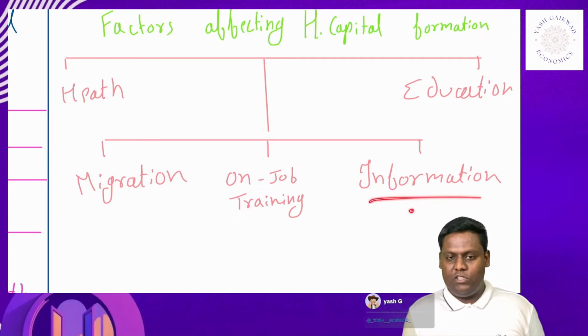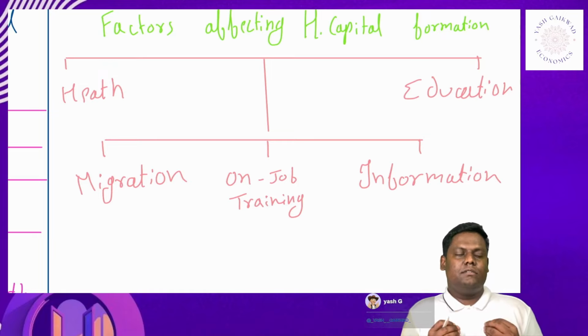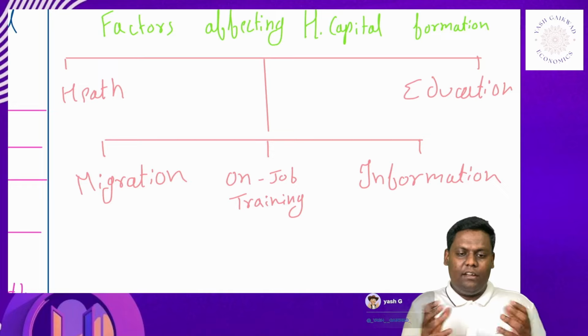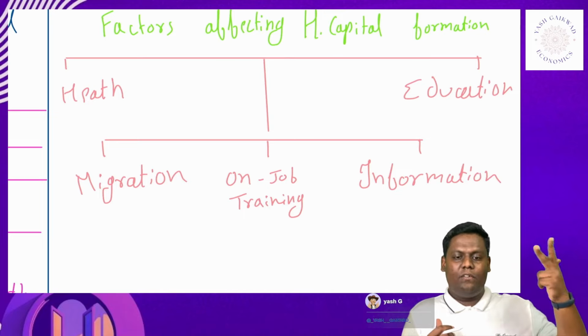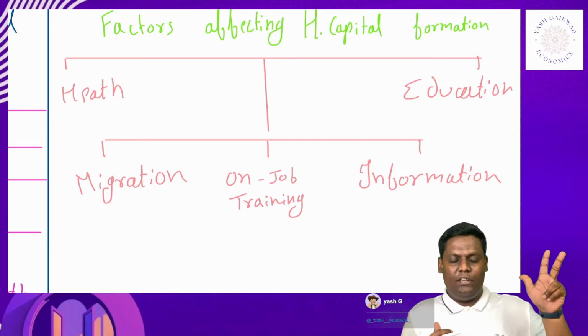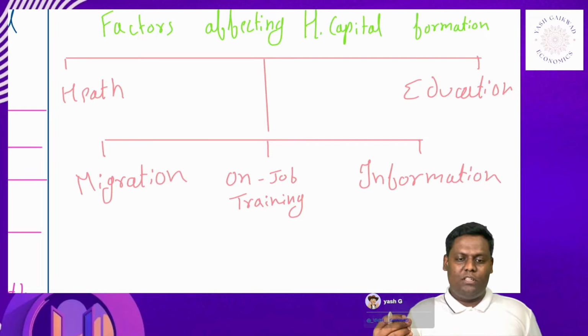And the information part, that is, what if one is not aware of the various opportunities that are out there? You might be skilled, you might be healthy, you might have all the technical know-how, and you might be well trained, but what if you don't know where to apply for a job?